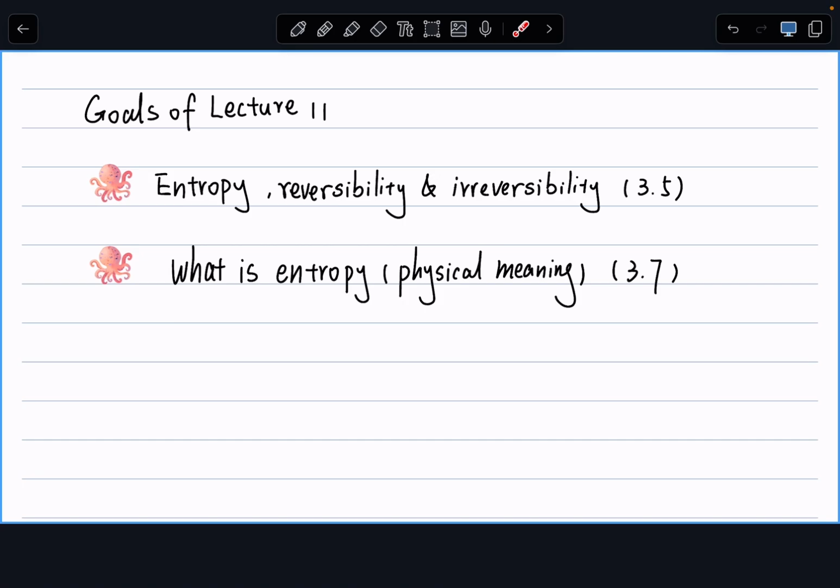From the Carnot cycle, we find out that there exists some kind of state function, which is the heat reversible over temperature, right? We define our entropy as an extensive state function. So our S is an extensive state function.